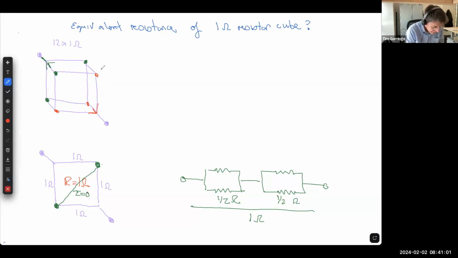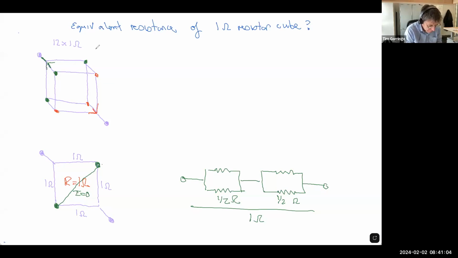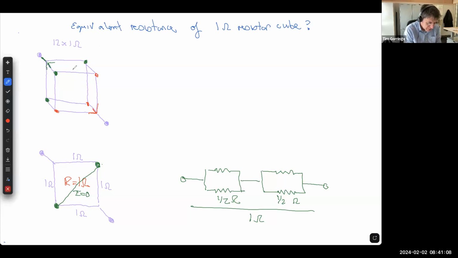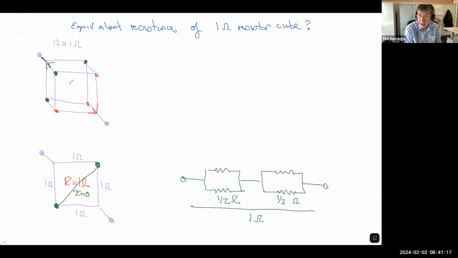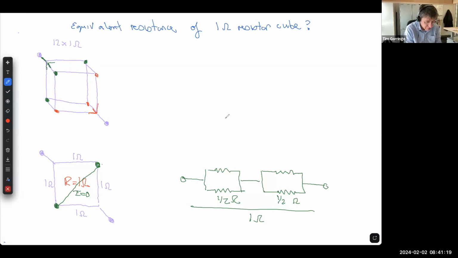So let's stand back and redraw this circuit. I'm going to redraw it over here on the right-hand side, and then explain exactly how it matches this arrangement here. This redrawing is the key to solving the problem.